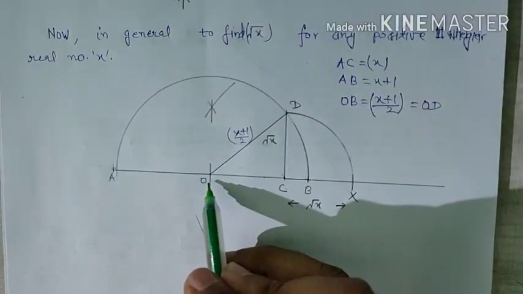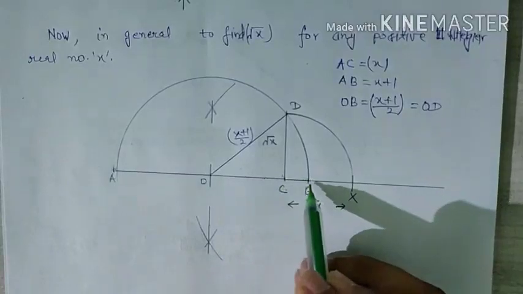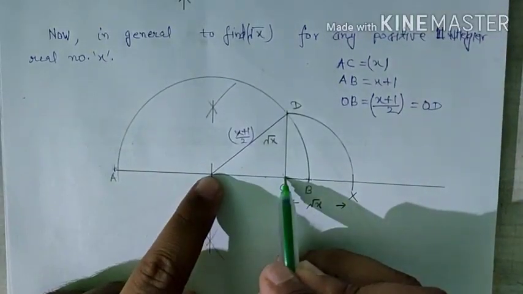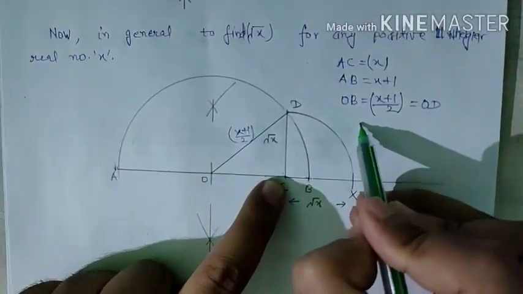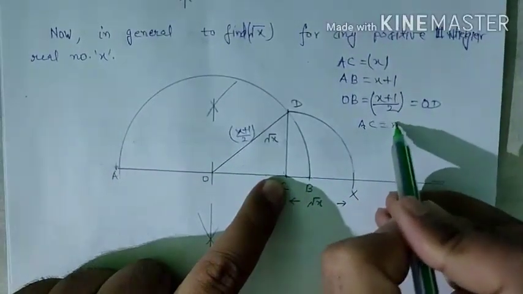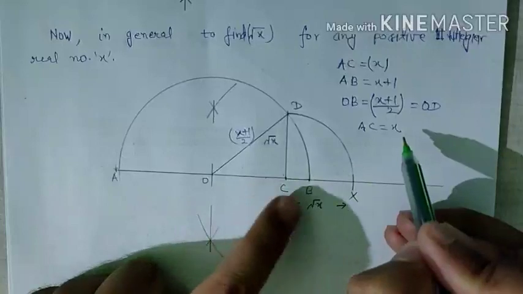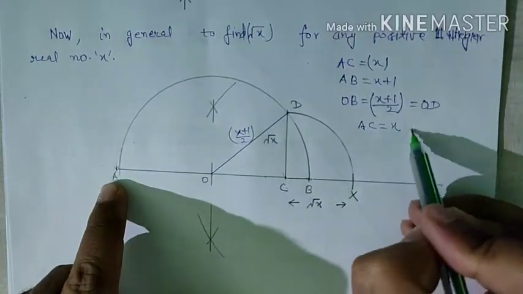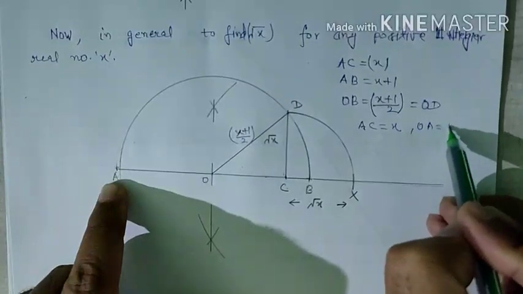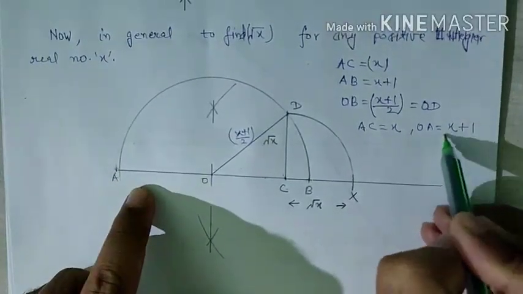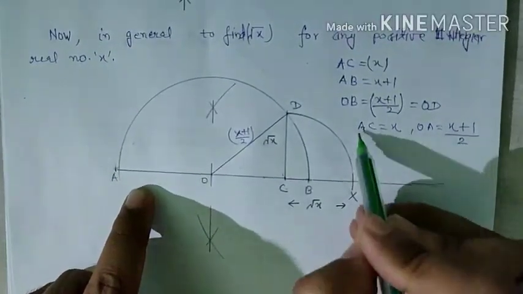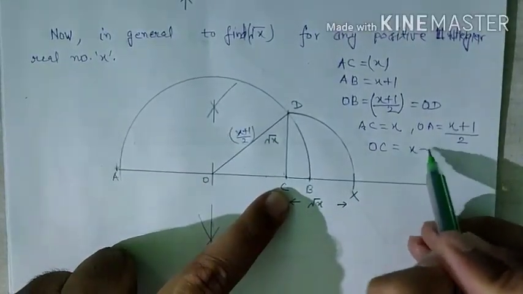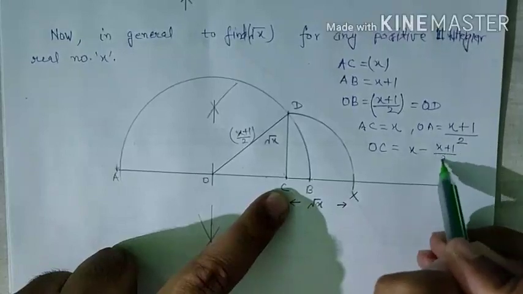OC we can find: AC is x and OA is also x plus 1 upon 2. So OC will be x minus x plus 1 upon 2.